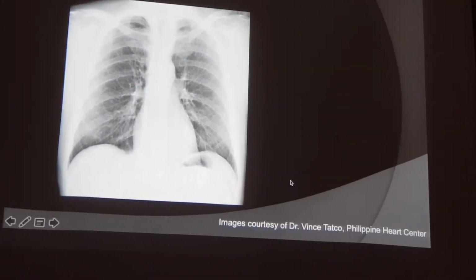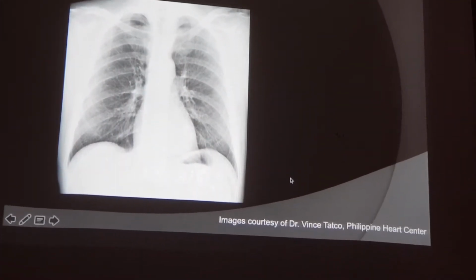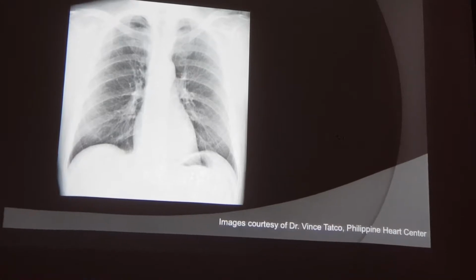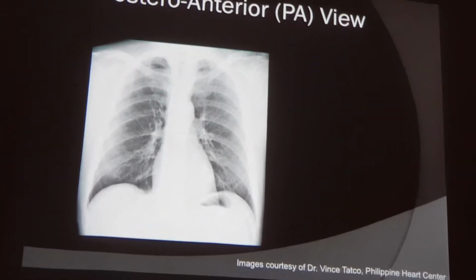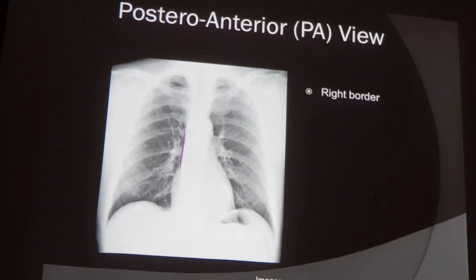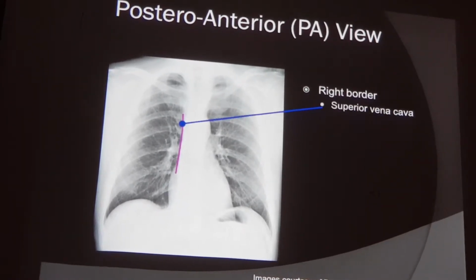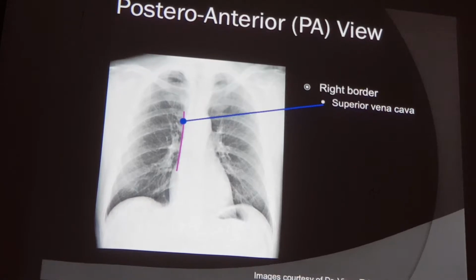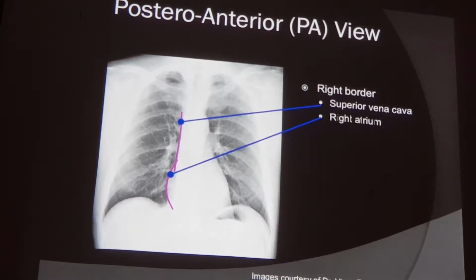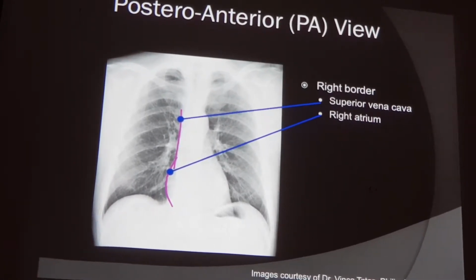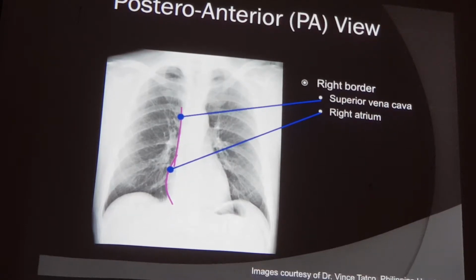Okay, so how do we interpret the anatomy of your chest X-ray? In the PA view, we look at the right border first. The right border is made up of your superior vena cava. Inferiorly, the other part of the border is made up of your right atrium.